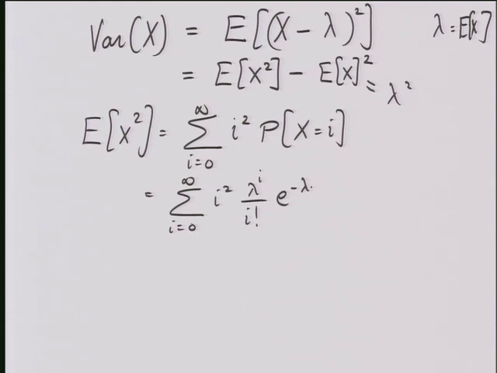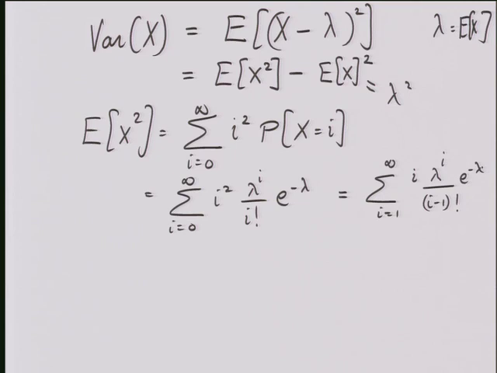Which is summation i equal to 1 to infinity. We can cancel one of the i's. So we have i times lambda to the i divided by i minus 1 factorial, e to the minus lambda. Okay, now we want to cancel off the i minus 1 from here.